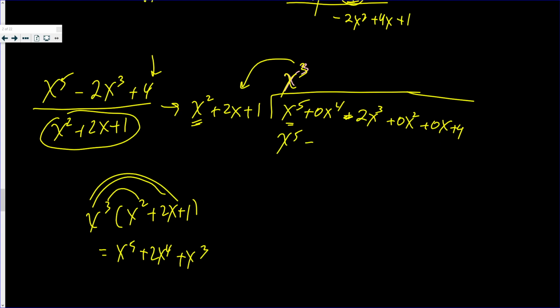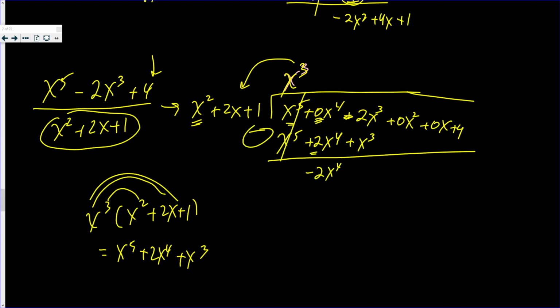Notice how they line up so nicely. This cancels. 0 minus 2 is negative 2x to the 4th. Negative 2 minus 1 is negative 3x cubed. Plus 0x squared plus 0x plus 4.